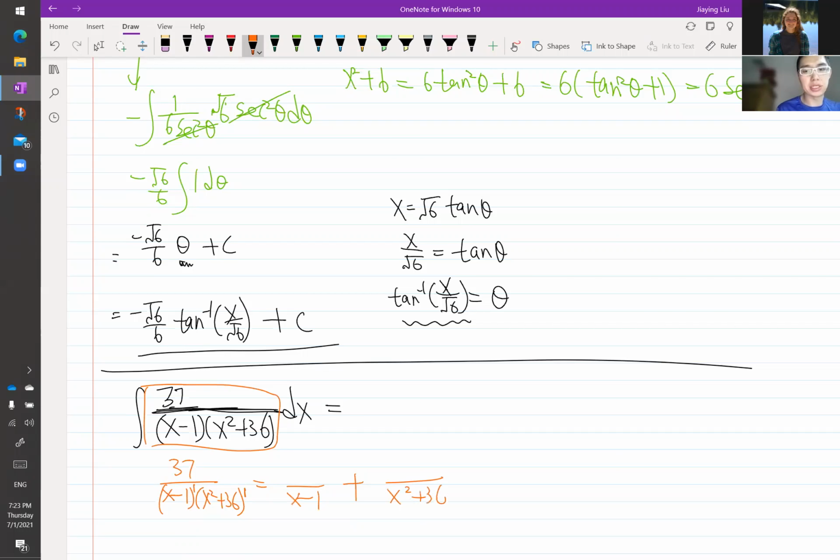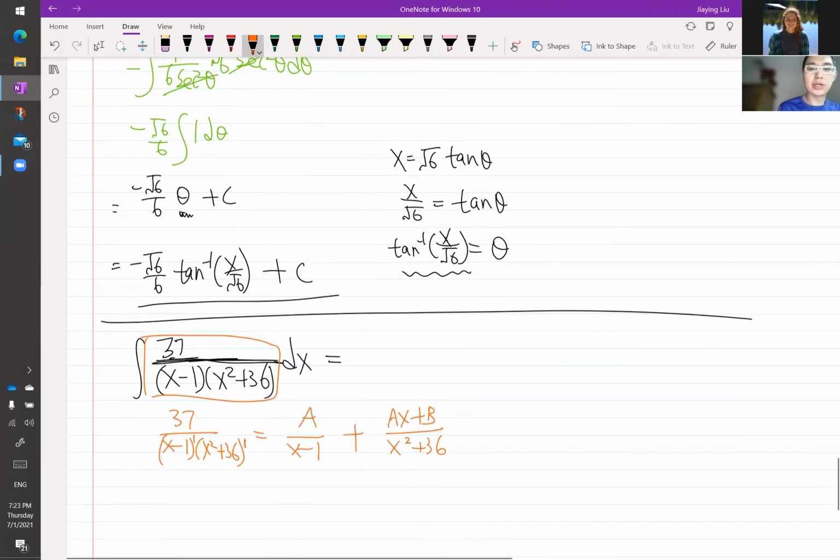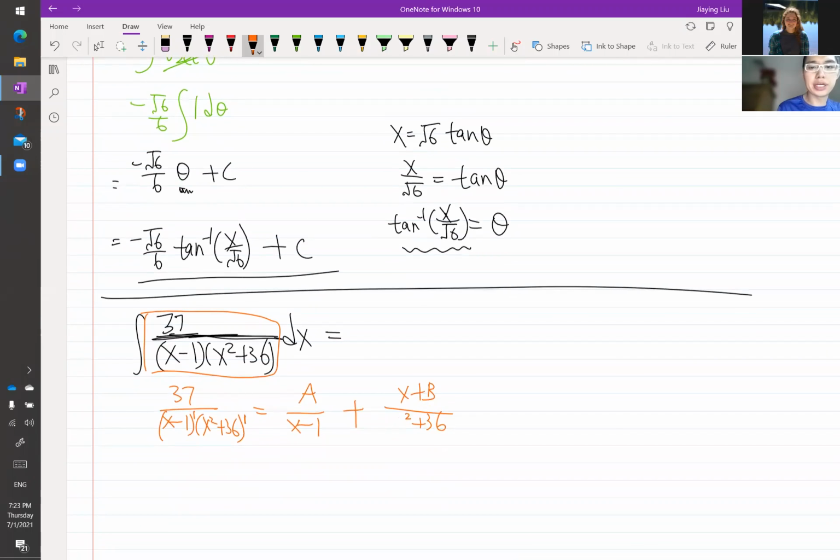But then you have to find the constants related to them. The first one I'm going to call A. The second one, because the denominator is quadratic, I'm going to write as Bx plus C. Oh, sorry, not Ax plus B, I already used A, so it will be Bx plus C. It doesn't matter, just two new variables.